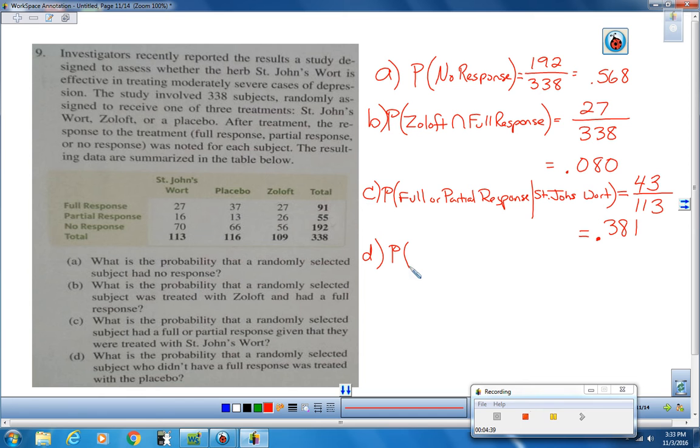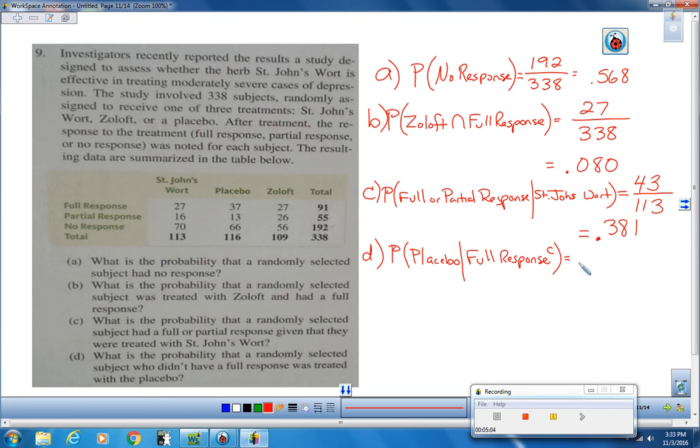So we're actually saying, what's the probability of being treated with the placebo given that we did not have a full response? So it would be the complement of a full response, right? So let's make sure we read that properly. This is a conditional probability. What's the probability that a randomly selected subject who did not have a full response, so we know they didn't have a full response, that's given to us, was treated with the placebo.